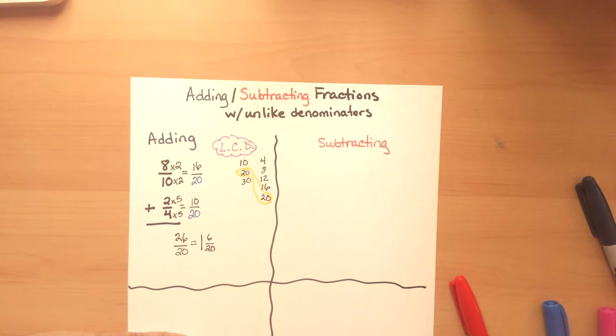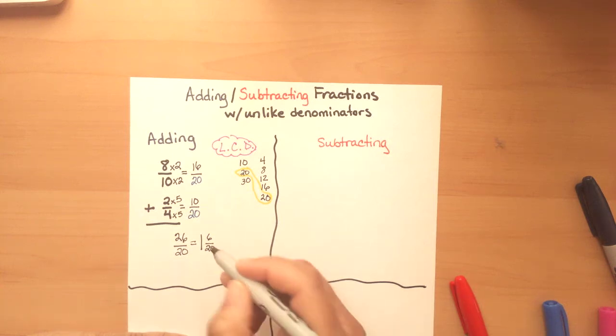I do not want to leave this fraction like this while I can, because I know that it is not simplified because you have two even numbers. So what is my greatest common factor? That number is going to be 2.